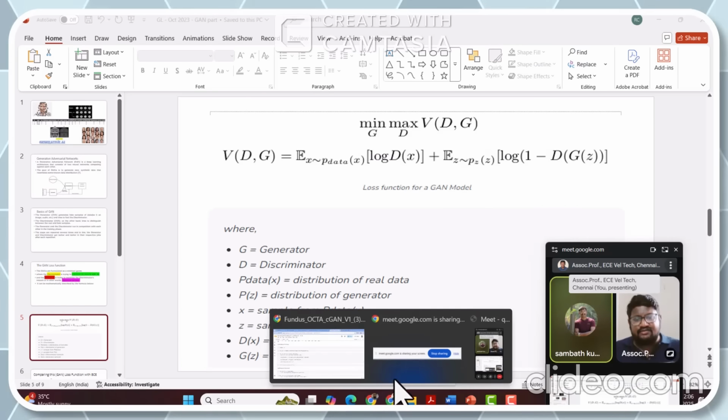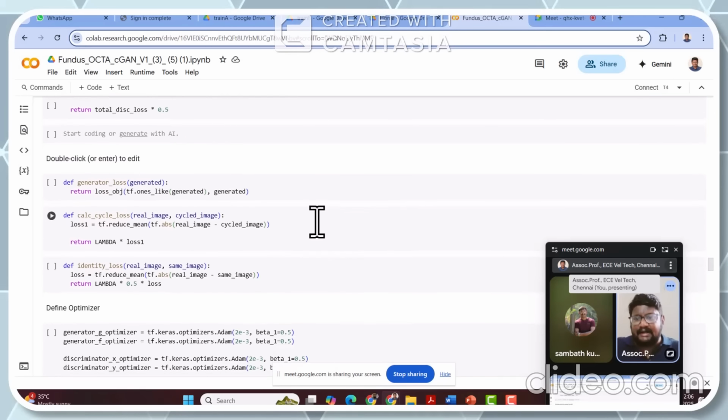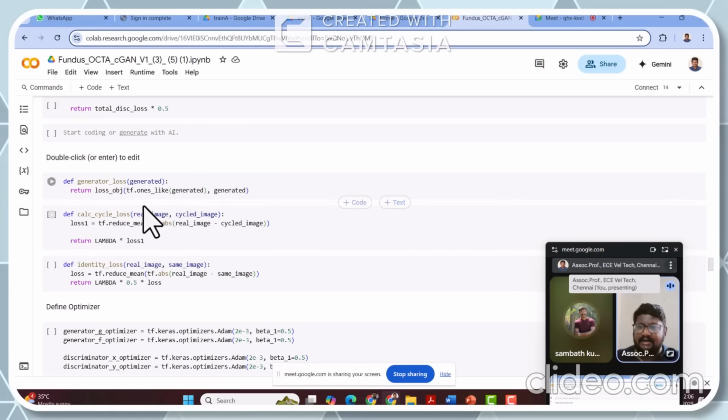What is the generator loss? It is nothing but tf.ones_like of the generated image. What this tf.ones_like will do is generate a tensor of ones that is equal in size to this generated image. So whatever is generated by the generator, we will have a tensor of ones like this. So first we will discuss the discriminator loss.